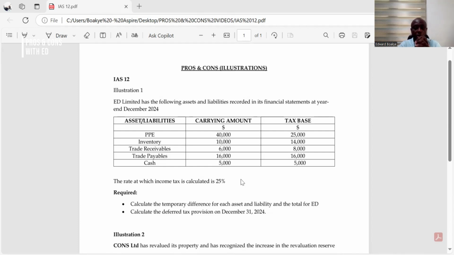So let's go to our board and deal with that. We have PPE, inventory, trade receivable, trade payables, and then cash. So without much ado, let us go to our board.